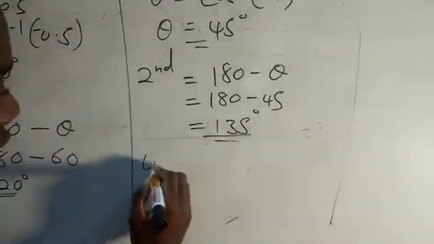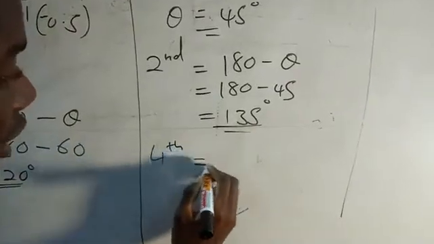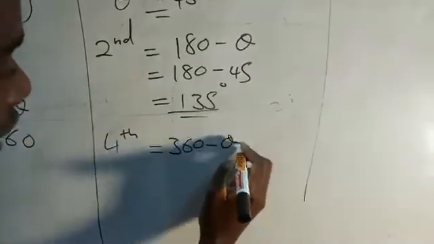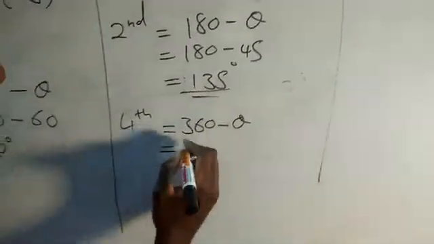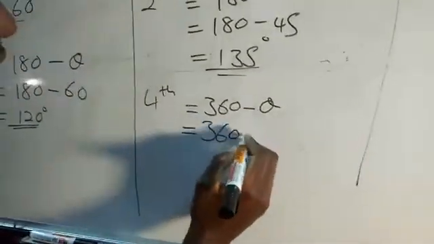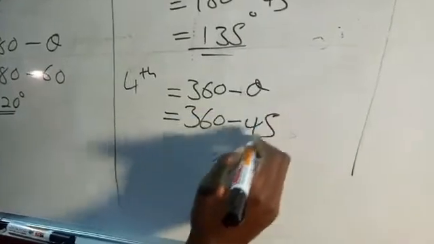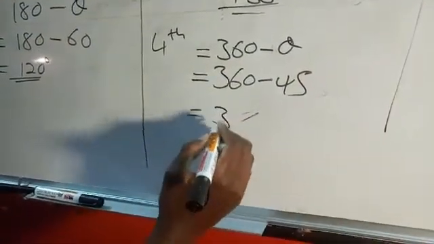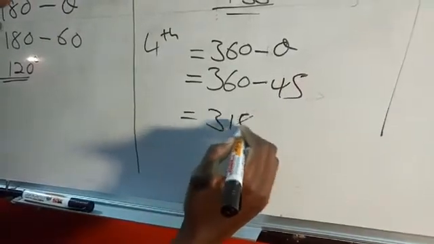In the fourth quadrant, it's 360 minus theta, equal to 360 minus 45, equal to 315 degrees.